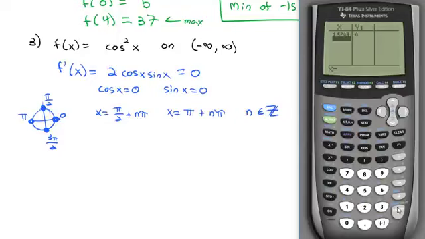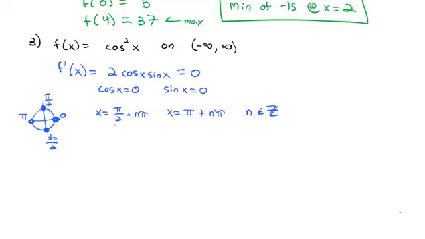We get 0. Add in pi, so we've got pi over 2 plus 1 pi. We get 0 again. And pi over 2 plus 2 pi. We get 0 again and again. So what we see is each of these is going to give us 0 for a height.